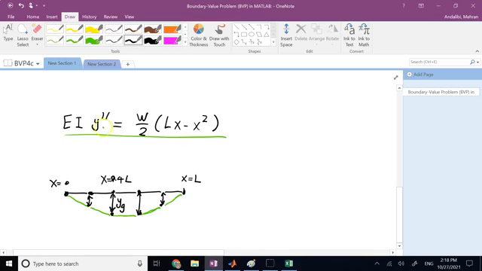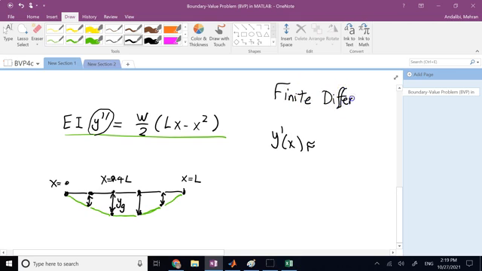To do that, as I said, I need to discretize my derivatives. So y prime at any x, if I want to use the central formula, so this is what we call the finite difference method, which we use for discretization.